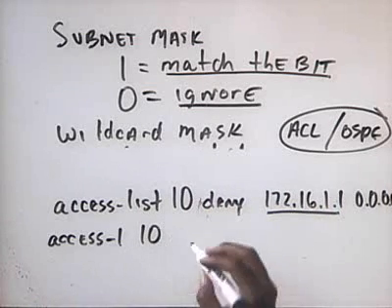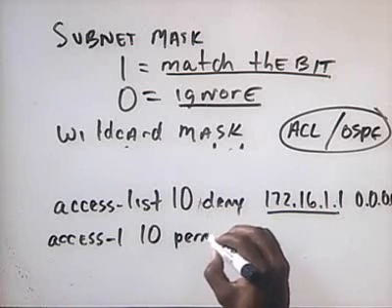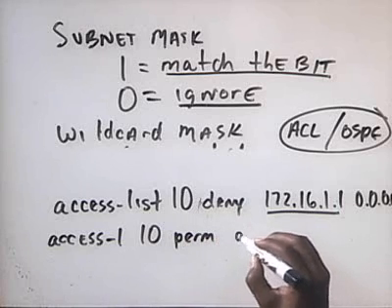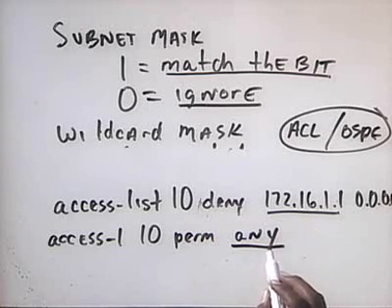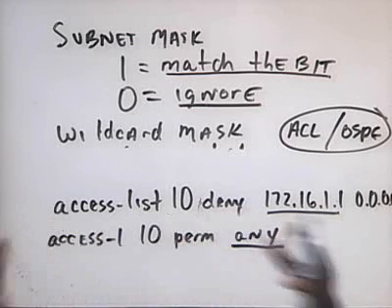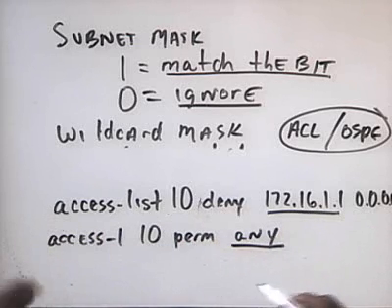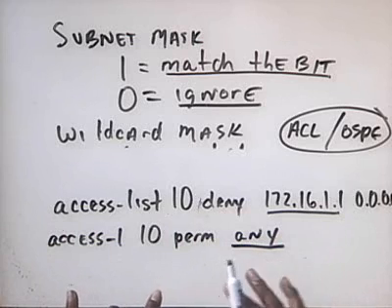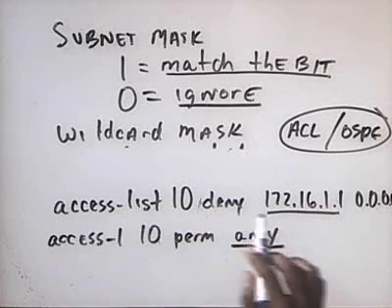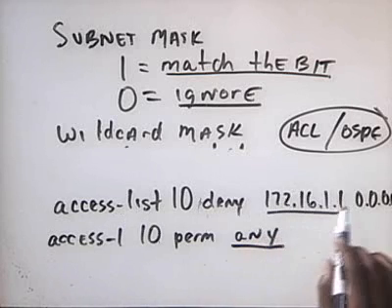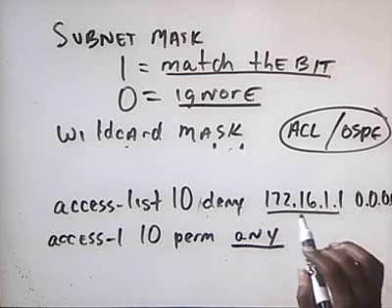Access list 10, and we'll say permit any. Remember, any is that keyword that specifies that 0.0.0.0 with a 255.255.255.255 mask. So this is denying traffic for this particular device or this particular host device.